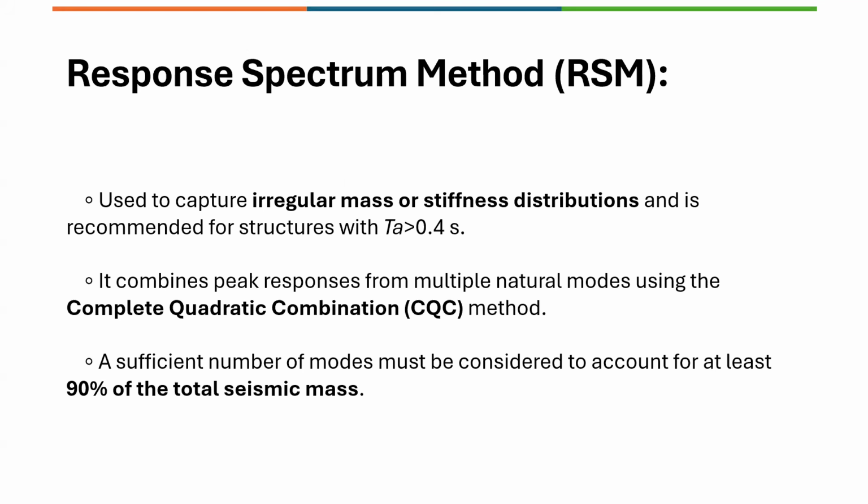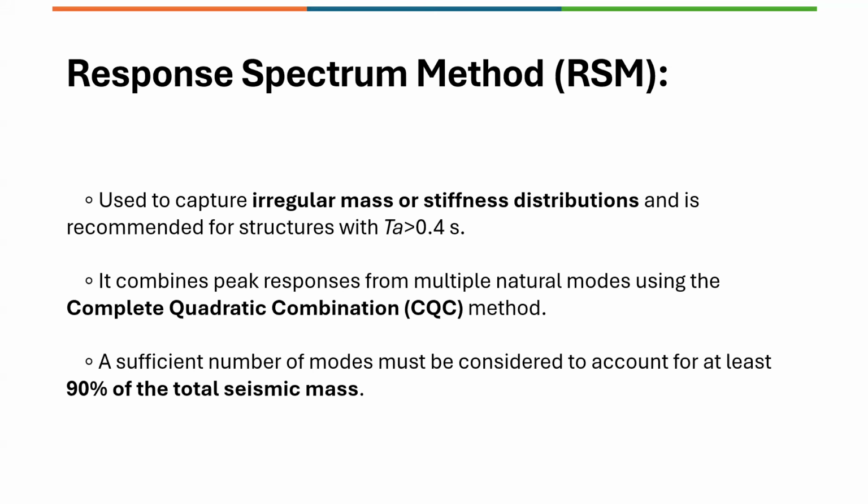Then we have the response spectrum method for irregular mass or stiffness distributions and recommended for structures with TA greater than 0.4 seconds in general. And the recommended modal combination method is CQC.